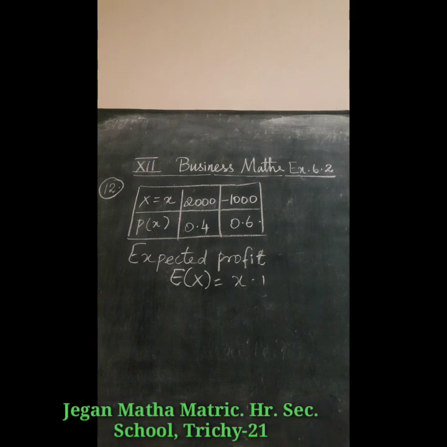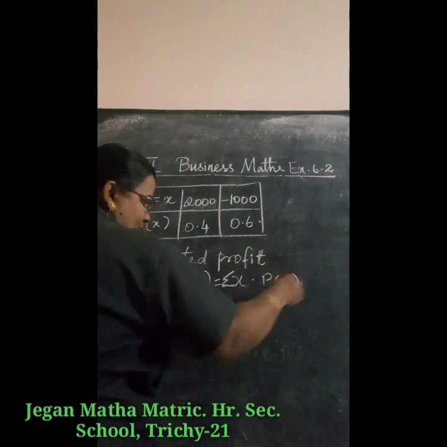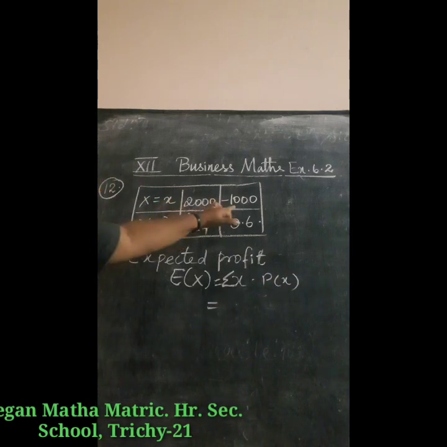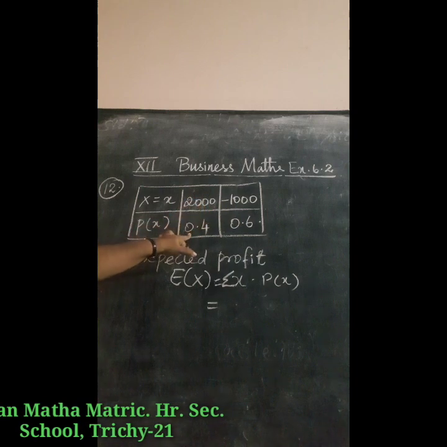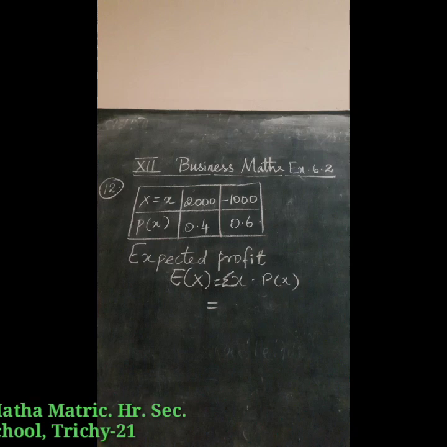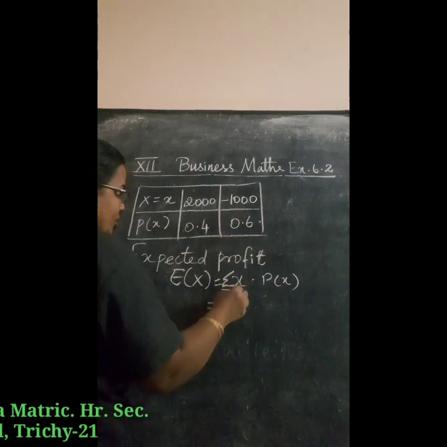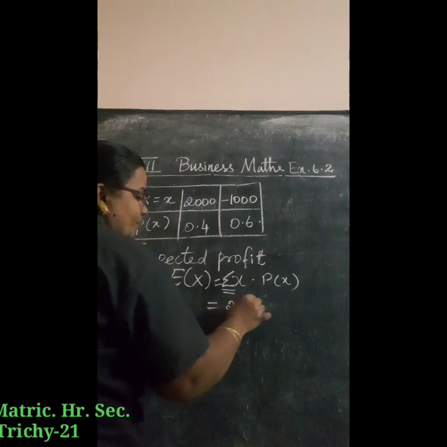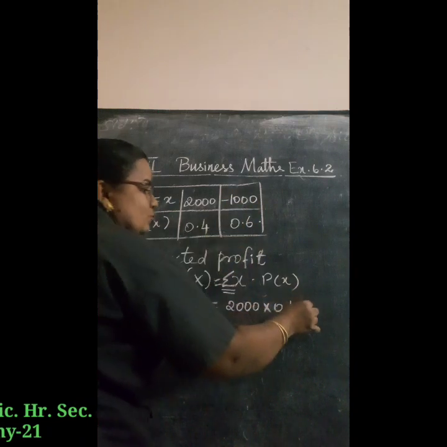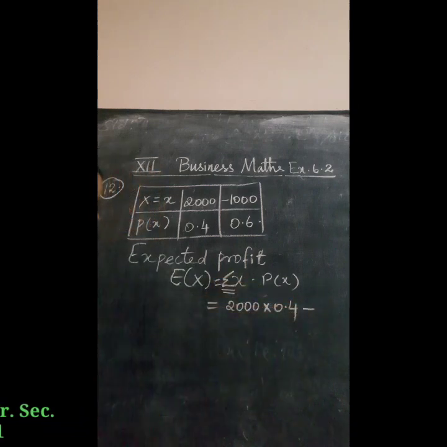You have to multiply these two terms, 2000 multiplied by 0.4 and 1000 into 0.6, and add these two, that is the summation. Here minus is there, so put minus, because adding means plus into minus is minus only.